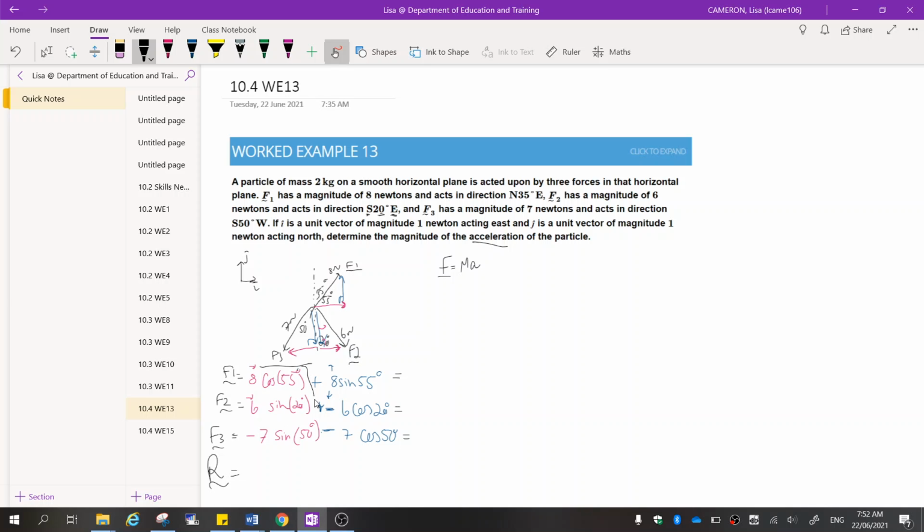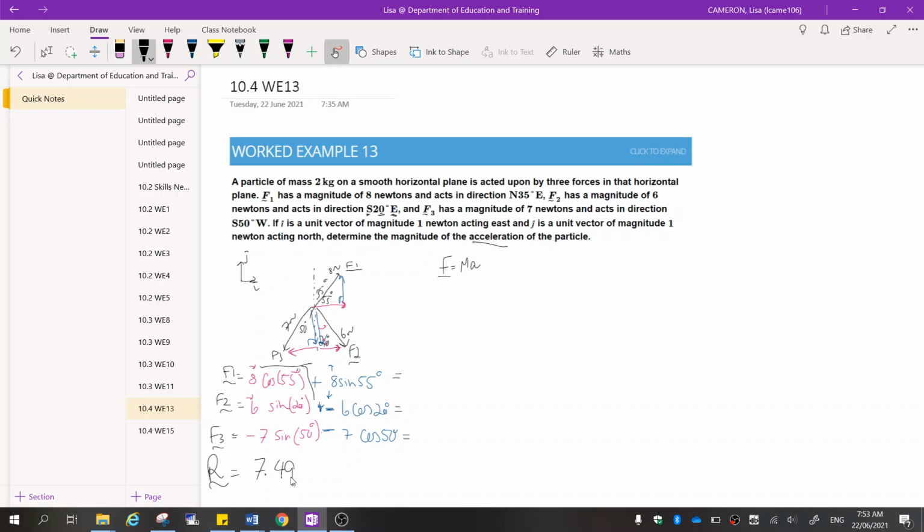So I'm going to put this in the calculator. 8 cos 55 plus 6 sine 20 minus 7 sine 50. Okay, and that's going to give me 7.49.